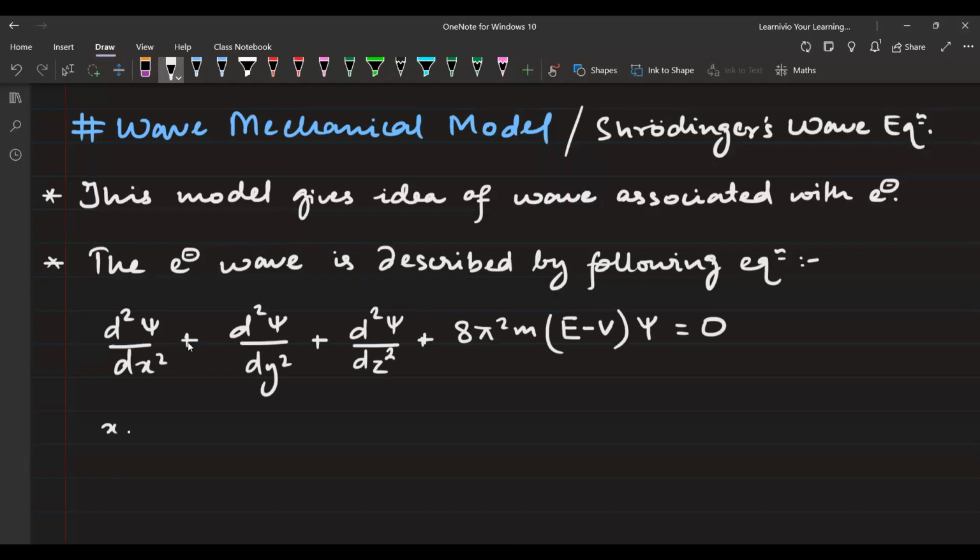x, y and z, these are the coordinates जहाँ पे आपको इलेक्ट्रॉन की प्रोबेबिलिटी डेंसिटी फाइंड करनी है। This is known as psi. Psi is the wave function.